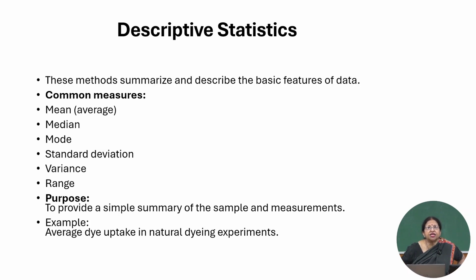We took some idea of these in the previous lecture, so I will not elaborate, because the mean is nothing but an average, and the median is the middle number, and so on.